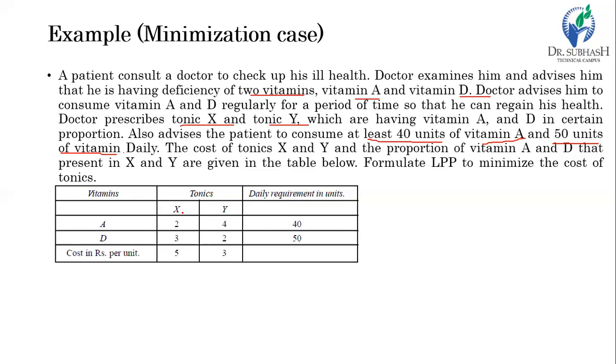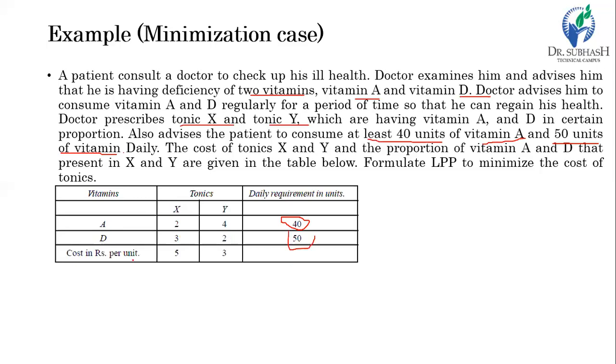For tonic X, 2 units of vitamin A are available, and from tonic Y, 2 units of vitamin A are available. But the daily requirement of the patient is a minimum of 40 units of vitamin A. In the same way, from tonic X we get 3 units of vitamin D, and from tonic Y we get 2 units of vitamin D, and the minimum requirement of vitamin D per day is 50 units.